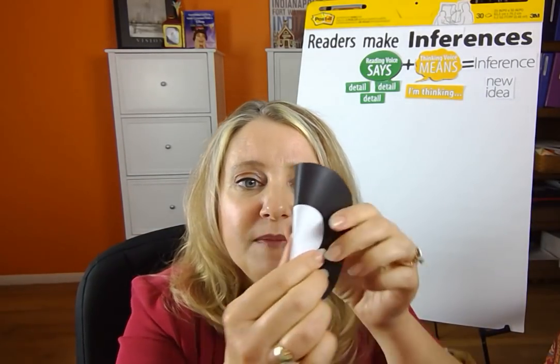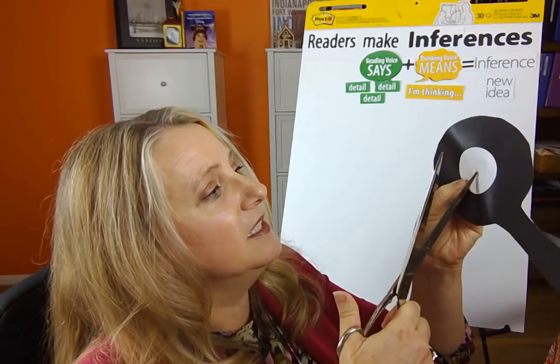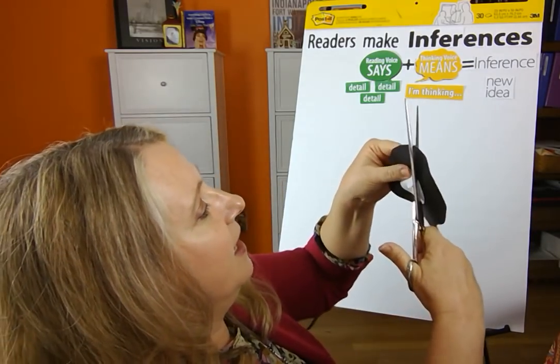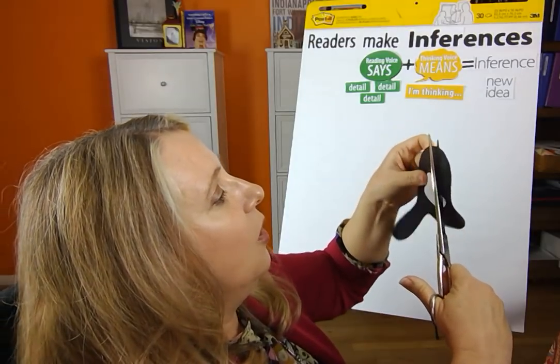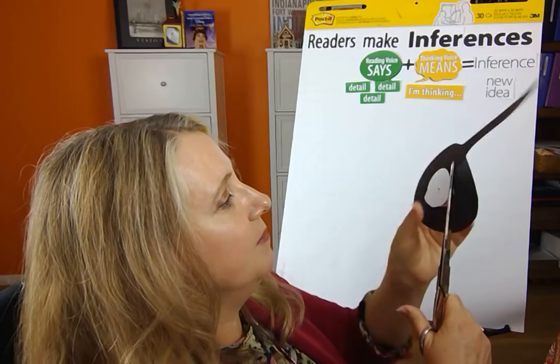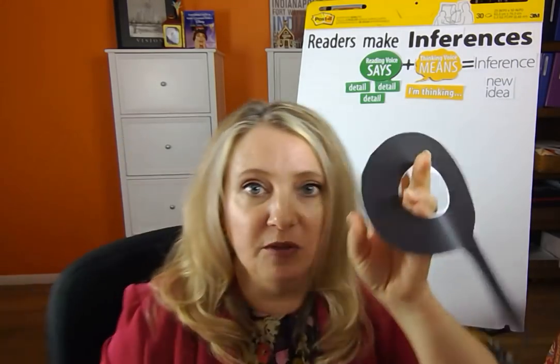To get to the middle, you fold it, make a little hole. Then when you open it up, stick your scissors in the hole, and then you can start cutting. See how I'm doing that? And then I'll go around. Or you can ask an adult to help you if you're afraid to mess it up. I'm going to go all the way around, and that's how I'm going to end up with my hole.